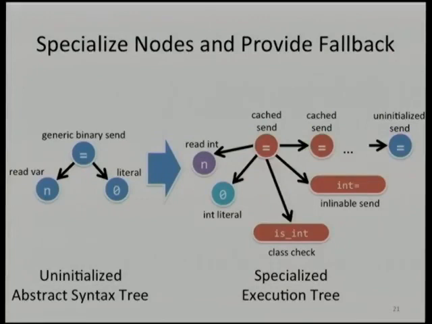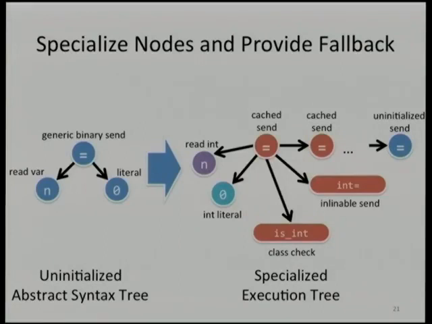The idea is really you have that AST tree here, and that's then specialized to an execution tree that has very specific nodes in there that really just perform the minimal operations or go to a fallback node. So one thing you can see here indicated with colors is that the variable read, for instance, became read an integer, to avoid the overhead of boxing on a JVM.